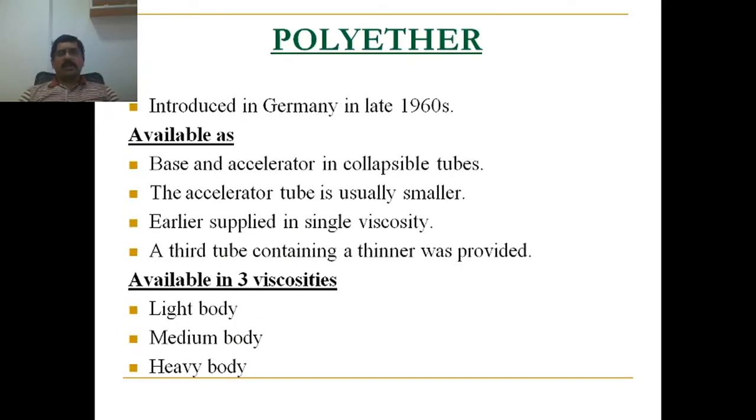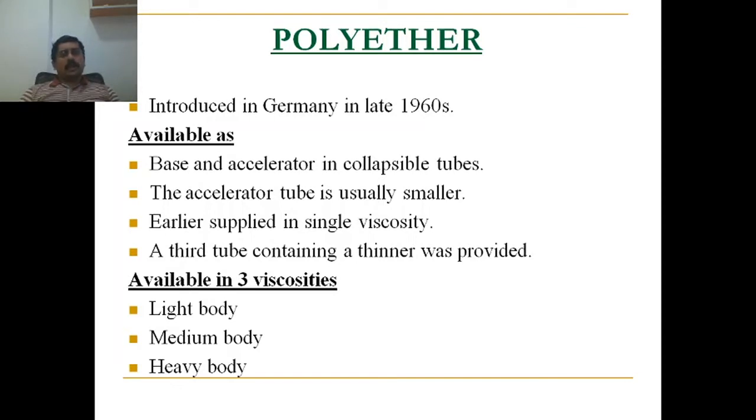Polyether was introduced in Germany in the late 1960s. It is available as a base and accelerator in collapsible tubes. The accelerator tube is usually smaller, and it was earlier supplied as a single viscosity.